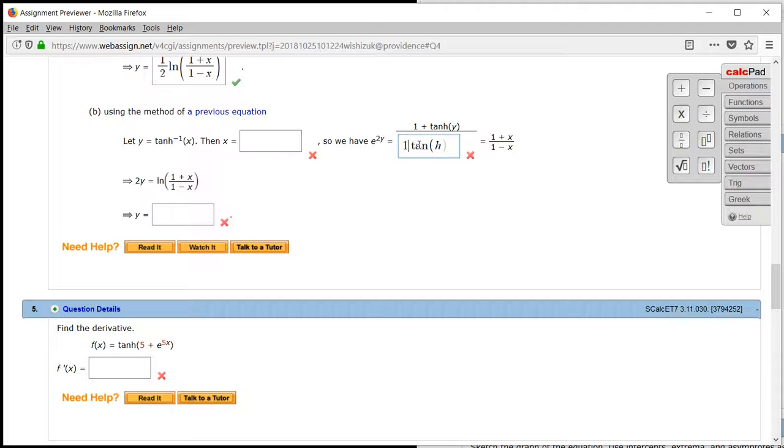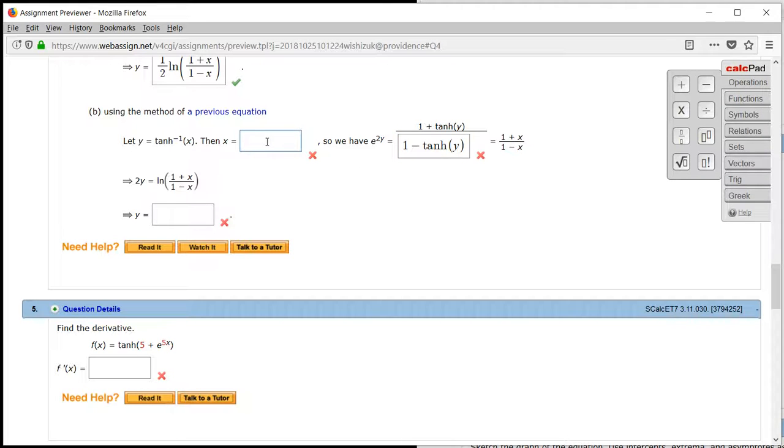Oh, actually, I forgot to do this one. This is just a regular hyperbolic tangent of y there. So you use that identity there, and you have e to the 2y equal to that.